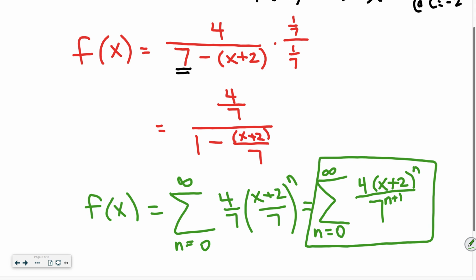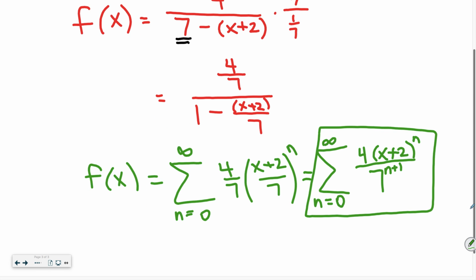Now, our interval of convergence. Let's first talk about our radius of convergence. We know that this is our common ratio right here. And the absolute value of our common ratio needs to be less than 1. So the absolute value of x plus 2 is going to need to be less than 7.